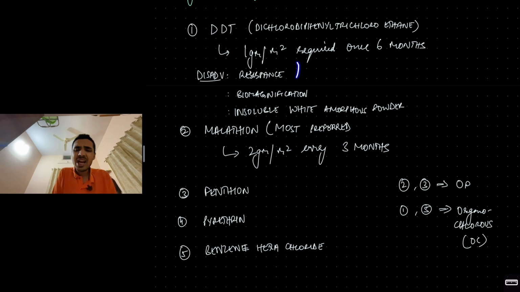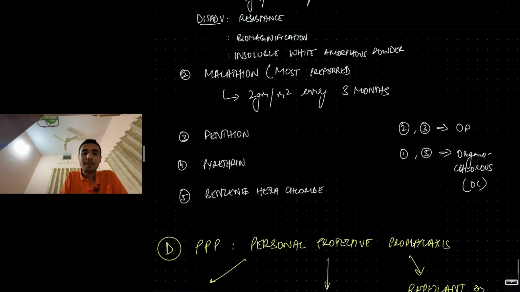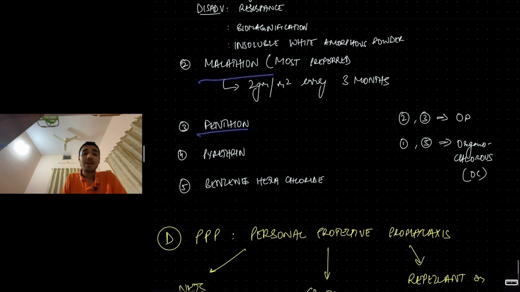Then the main problem is DDT resistance in mosquitoes. Mosquitoes no longer die to DDT. They have become resistant. Then you have certain other OP compounds like malathion, fenthion. Malathion is most preferred. Why? Even though you have to put 2 grams per square meter once every 3 months, there is no resistance and none of this biomagnification.